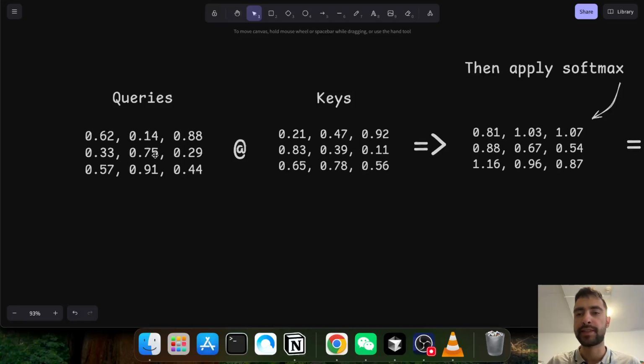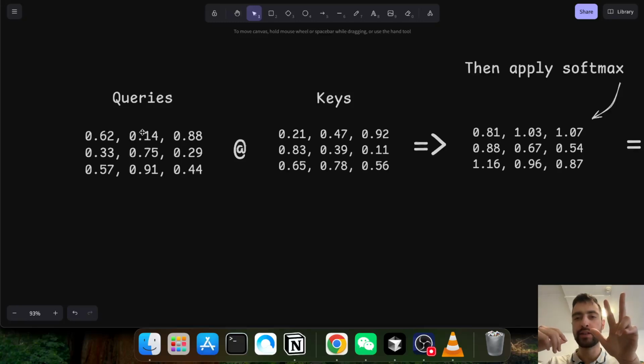If the second word is quickly and the first word is running, then it's very interesting, like it's saying that this quickly is referring to the word running. But if it's a different, less relevant word to the word quickly, then it wouldn't have such a high dot product. So this matrix shows how much each word finds every other word interesting.